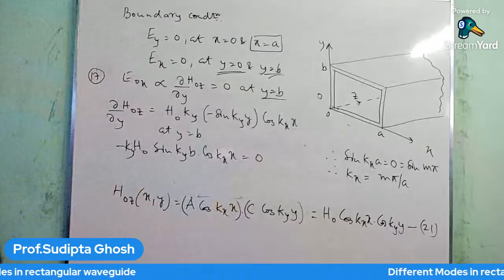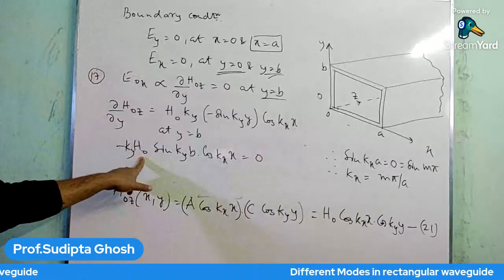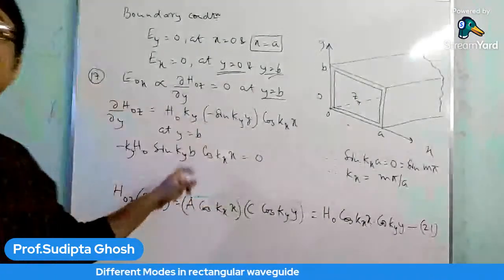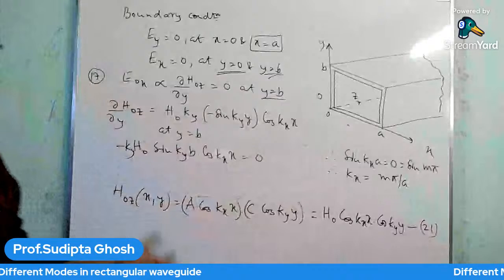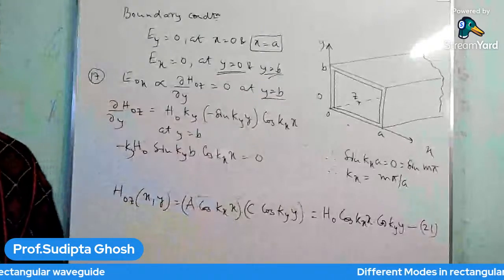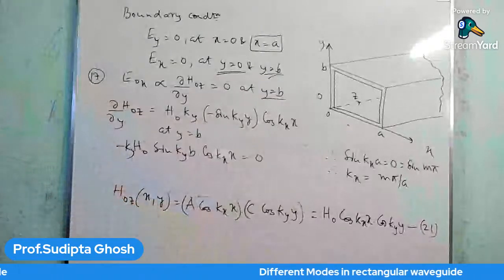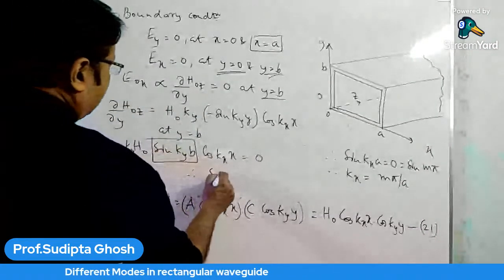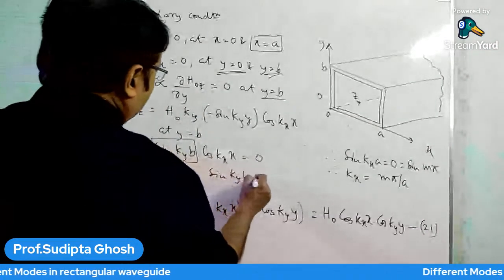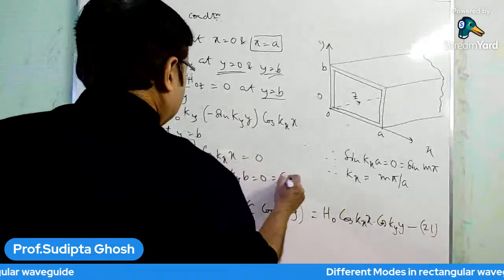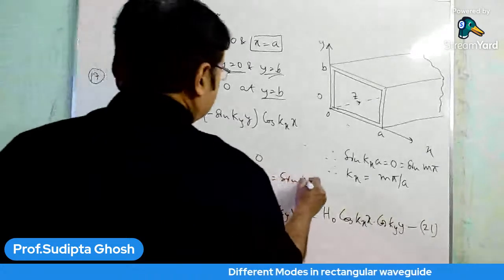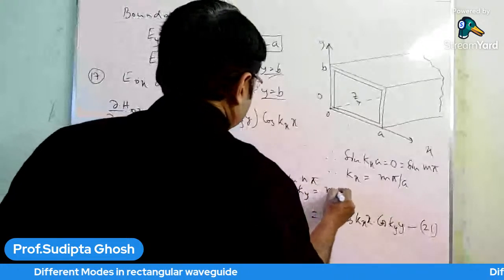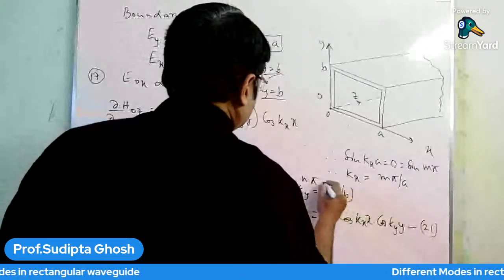Again by similar argument, we can't have H0 equals 0, and we can't have cos kx x equals 0, as for both of these equation number 21 vanishes. So we are only left with sin ky b equals 0. Therefore sin ky b equals 0, and again we can take this value equal to sin n pi. Therefore ky can have the value n pi by b.